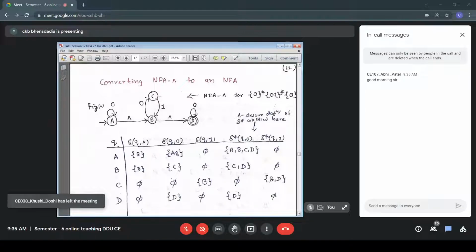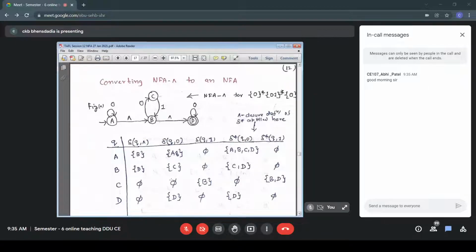We only keep track of the states reachable from the initial state, so we don't take all the subsets. No point in considering states that are not reachable from the initial state. So here, when we convert NFA-null to NFA, a very simple thing is the number of states does not change.